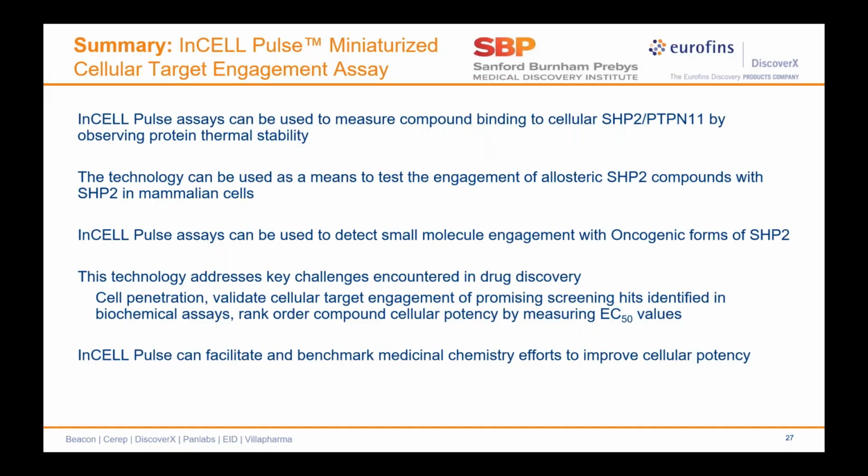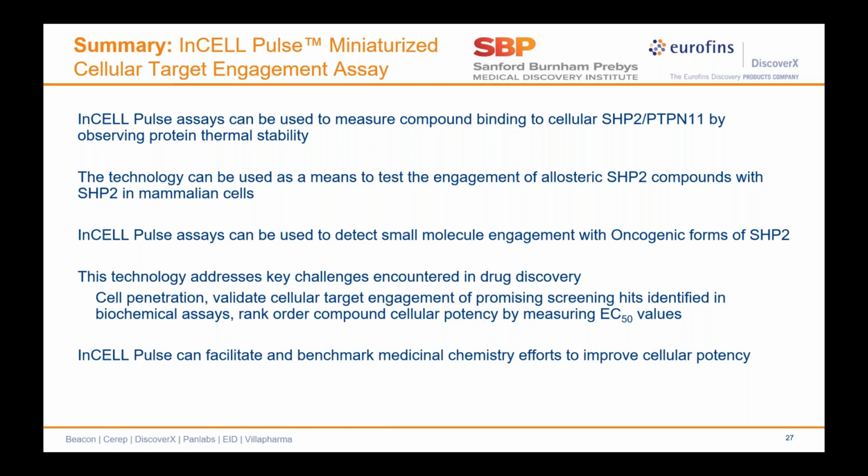So I'll summarize what I've told you about the InCELL Pulse assay. Namely, that you can use this to study SHP2 by looking at the target engagement of small molecules in the cell. Second thing to point out is that you can use it to discern the mode of action of your molecules.